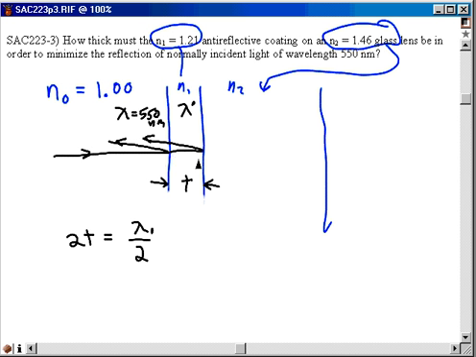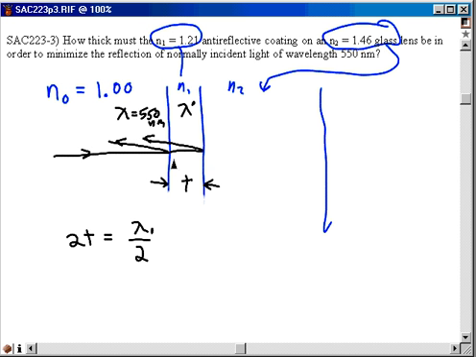But we've also got phase reversal here because n1 is 1.21, and in fact that's the only reason we needed to know what this material was, just to know that n2 is greater than n1. So again, we're in the material with a smaller index of refraction. You bounce off this interface between that and a material with bigger index of refraction. You get phase reversal. So we get phase reversal at both sites.